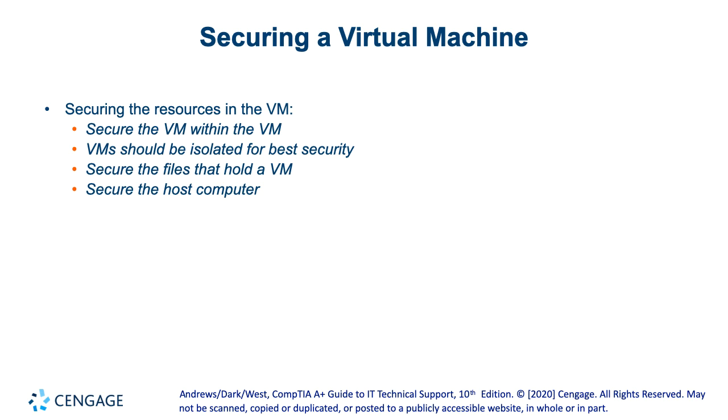Virtual machines are just files on a physical machine, and as such, you need to ensure that there's adequate security on the files that make up the virtual machine. And finally, you need to secure the physical machine that the virtual machine is hosted on, also known as the host computer.